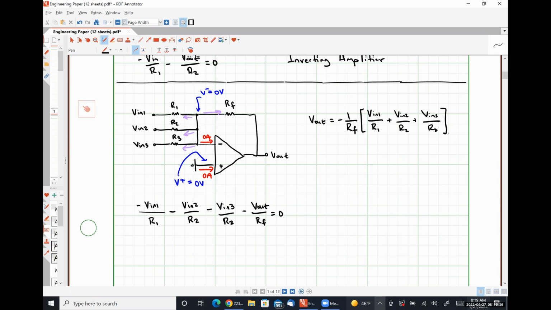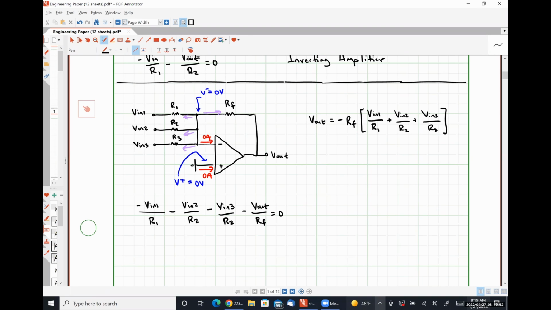Now we can't really define a voltage gain for this circuit because it has multiple input signals, okay? Effectively, what's going on here is that each input signal is being scaled by a distinct gain, right? So VN1 is being scaled, excuse me, that shouldn't be 1 over RF, that should be RF. My apologies there. Messed that up. Very, very sorry about that.